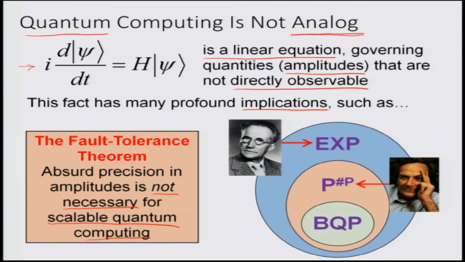And so, the laws of physics, and that was the basic vision of Feynman, would be better described and processed by using the quantum computation. BQP, by the way, is bounded quantum problems or bounded quantum polynomial.